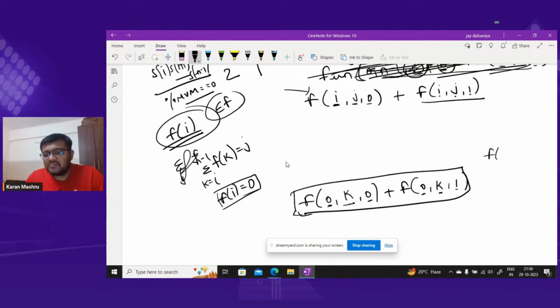Because f of 0 can have either value 0 or 1. Is the notation for this line clear or not? First tell me that much, then we will write the recursive function.